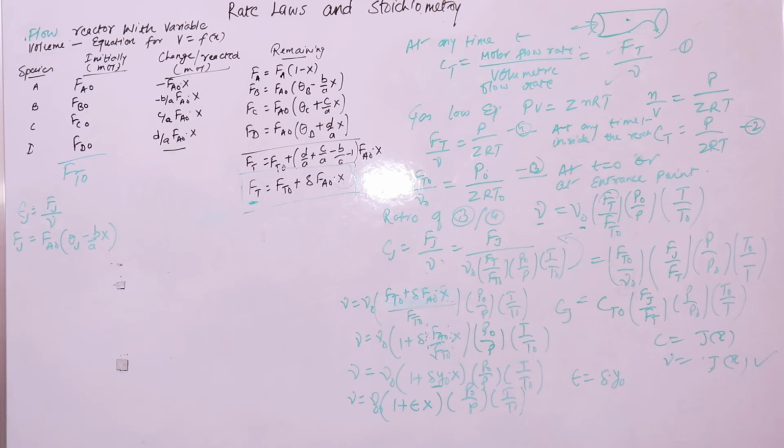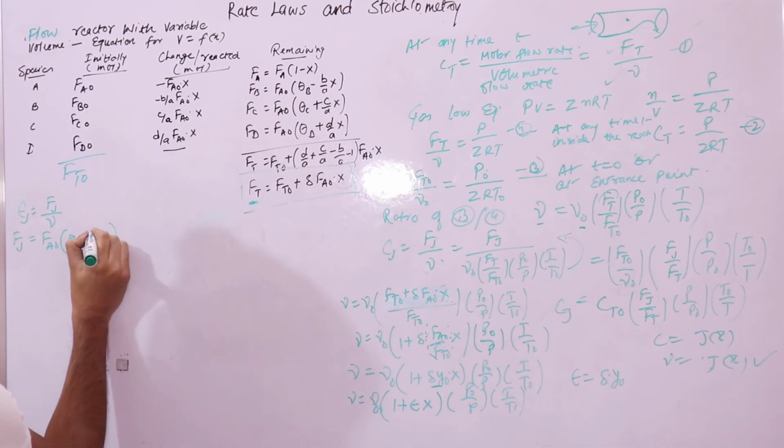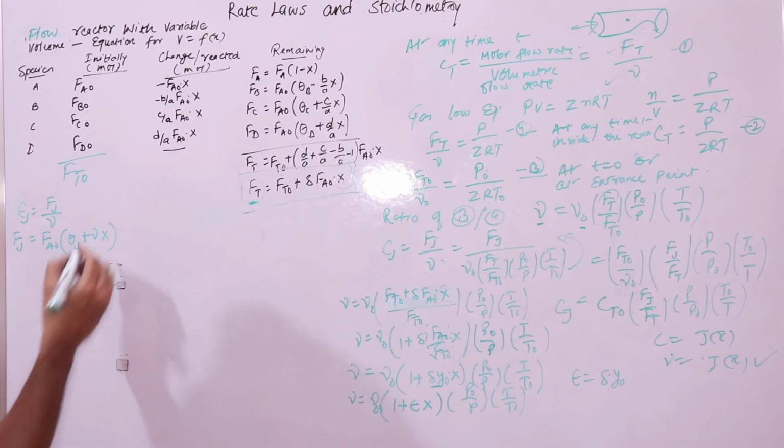I'm sorry, it would be, if you look at this, this is the generic form, theta j plus nu j x.